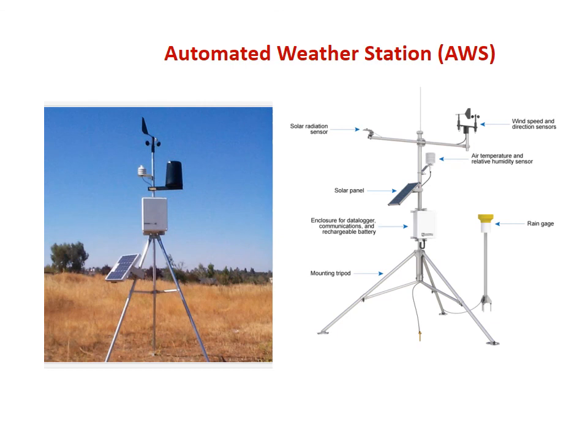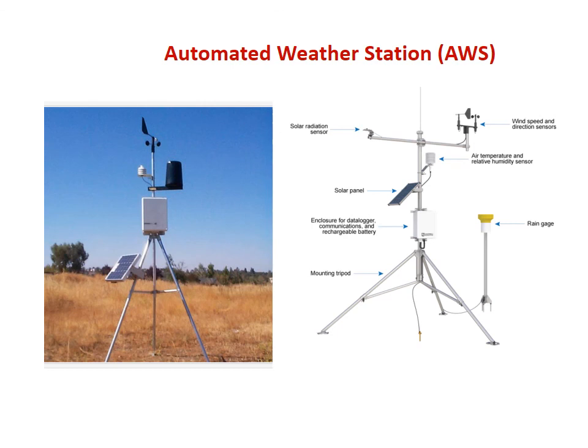So this is called the AWS, or the automated weather station, and the added advantage is that it has a solar panel, so that the battery which is used for working all these instruments will be charged by the solar panel.